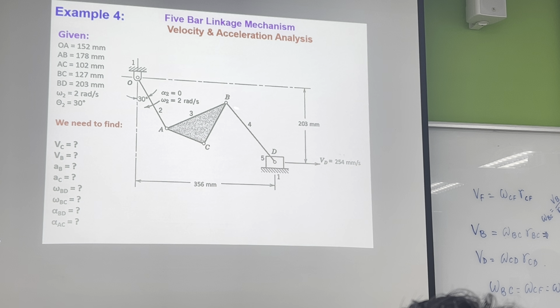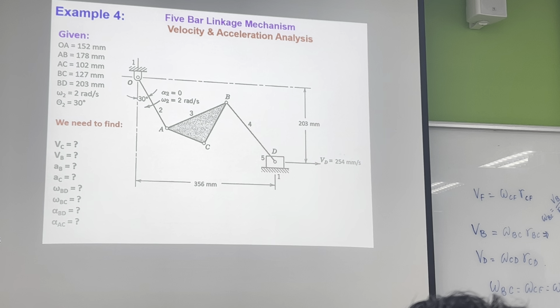For point B, the velocity VB, we don't know the direction. And velocity VC, we also don't know. My question is, which point should we try to find first? Point C or point B? B. Why?